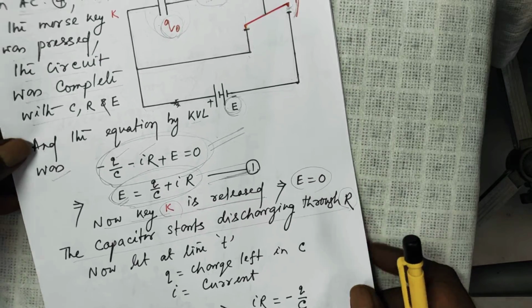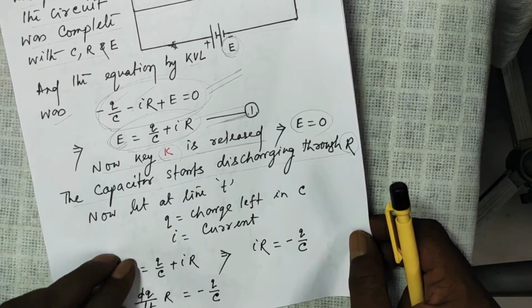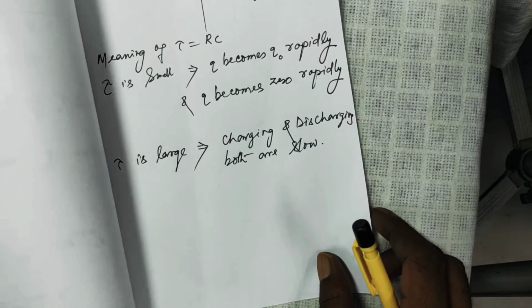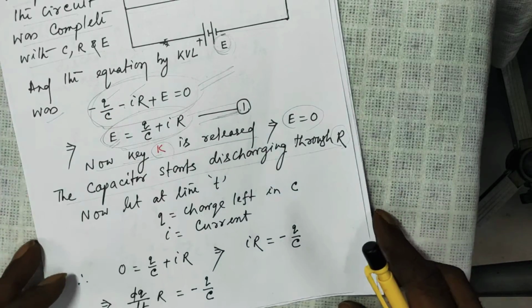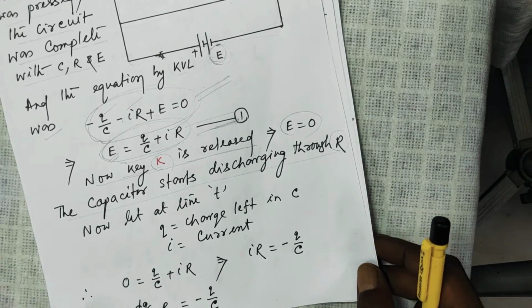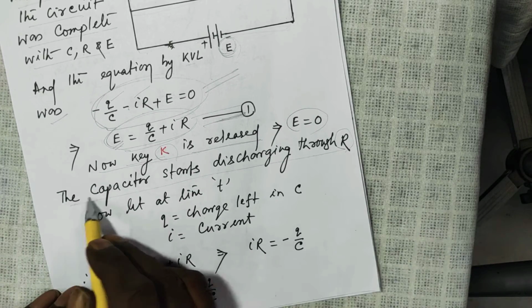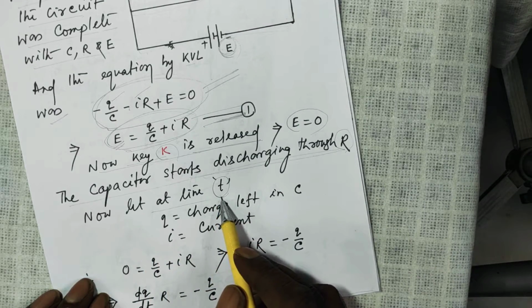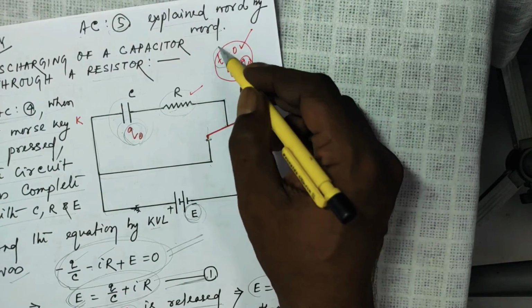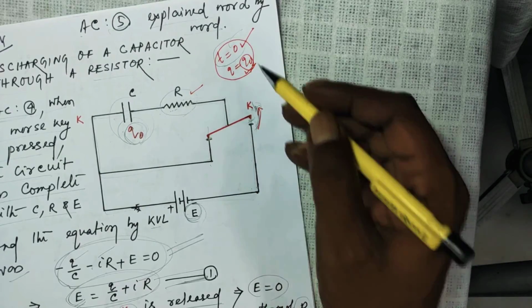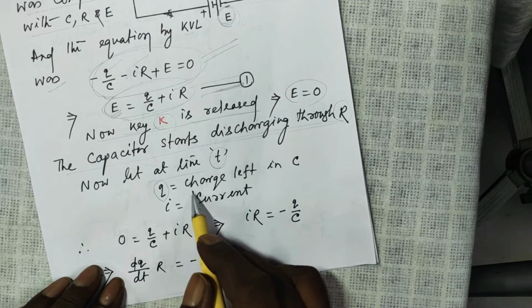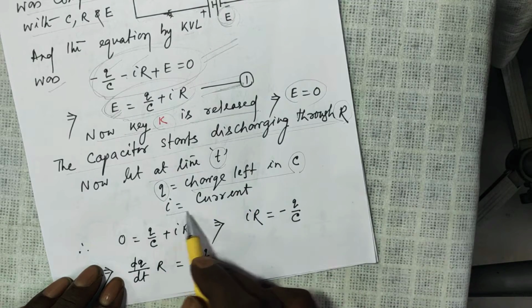And when it will be 0, we'll find out that also. And when it will be 36.8% of the maximum charge Q naught. So the capacitor starts discharging through R. Now let at any time t, after this, at some time t, let Q is the charge left in the capacitor and I is the current.